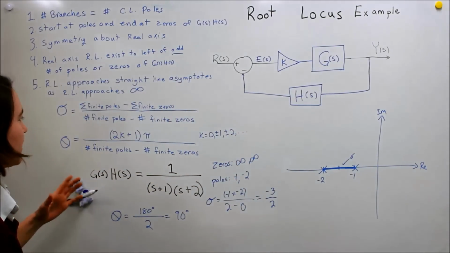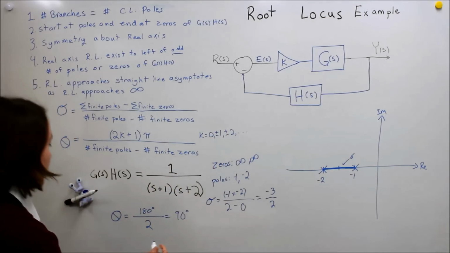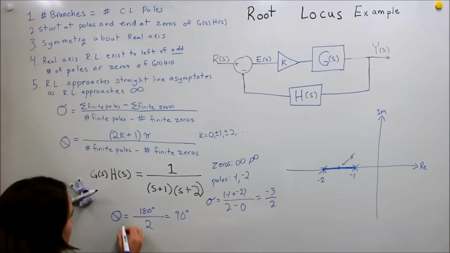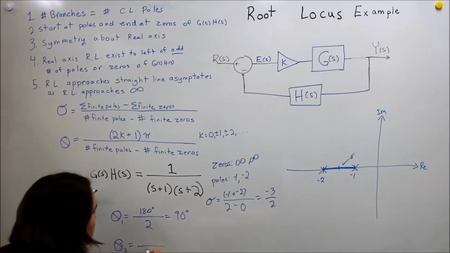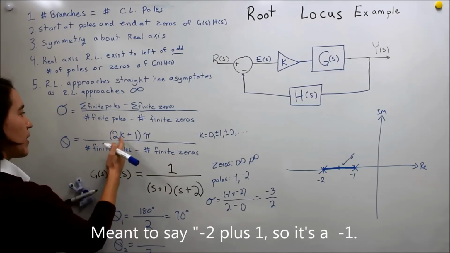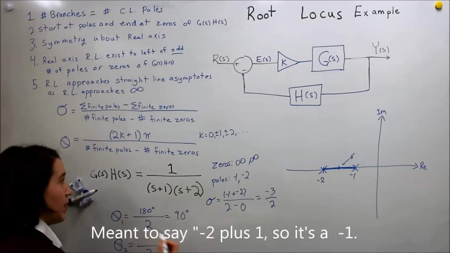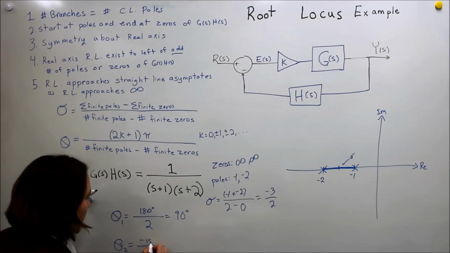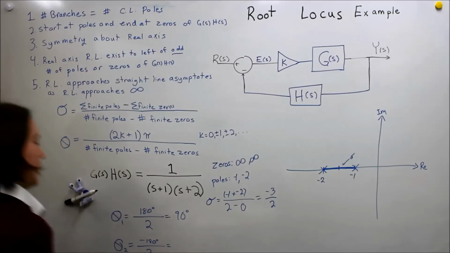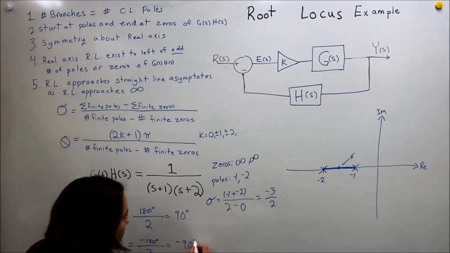But just for completeness, let's throw in k equals -1 and see what we get. This is our second angle, still over 2. With k equals -1, we get -1 plus 1, so it's -1 times pi, which is -180 degrees over 2, so -90 degrees.